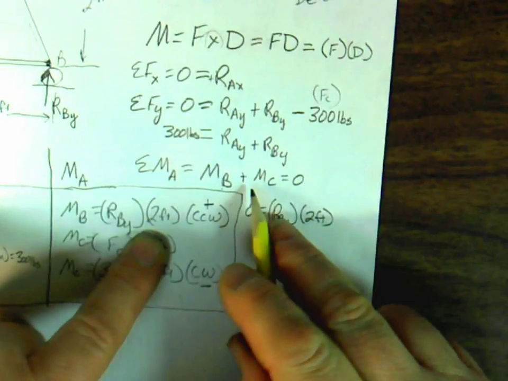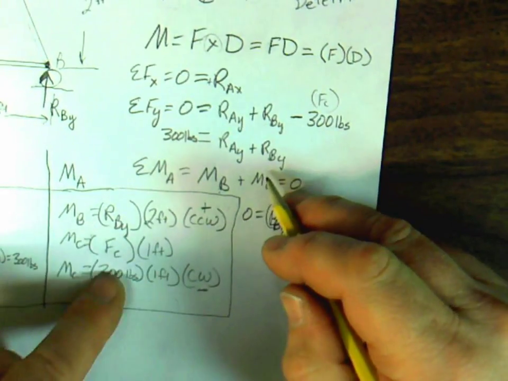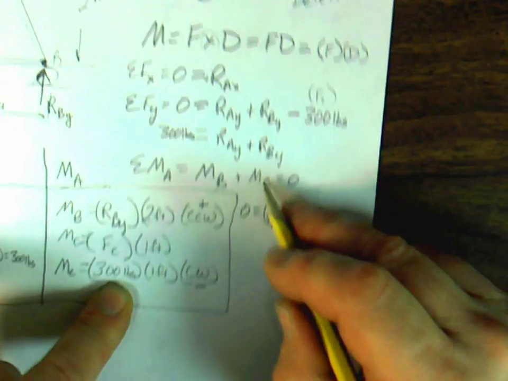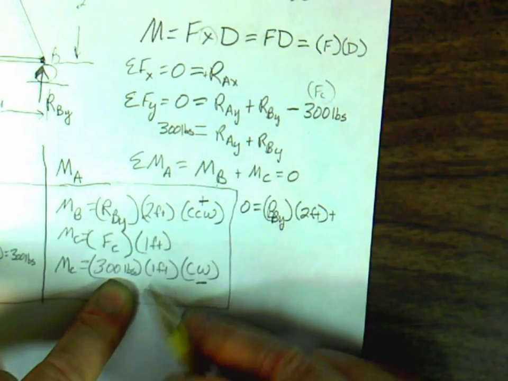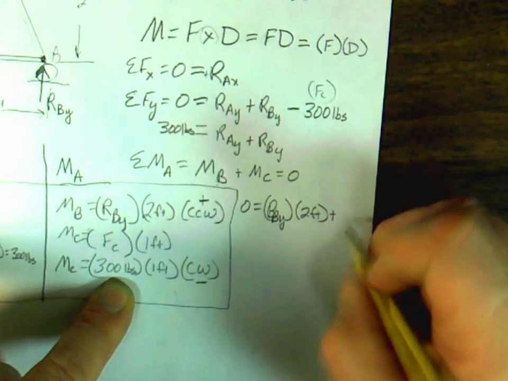It's a negative 300 times 1 is negative 300 foot-pounds, or pound-feet. I'm running out of little room, so bear with me.